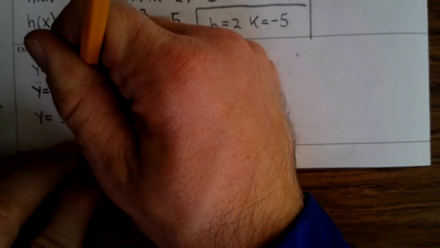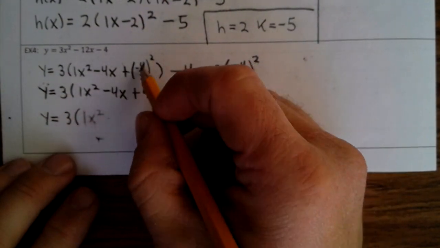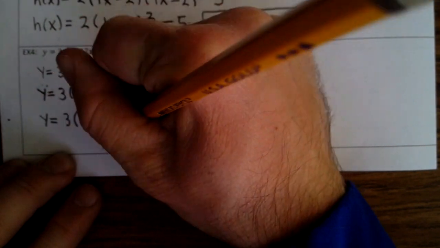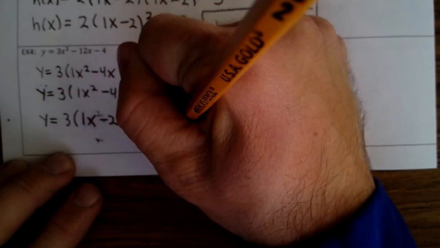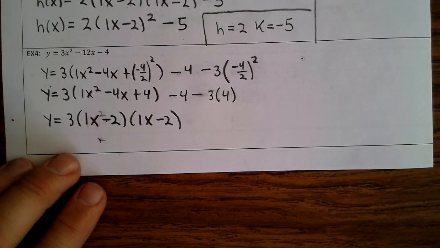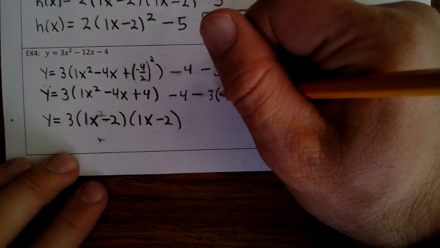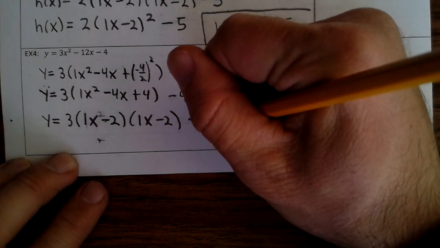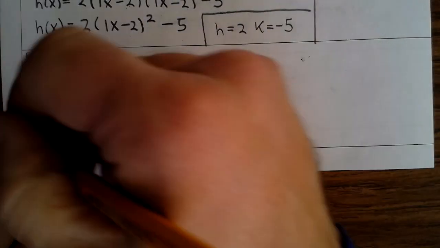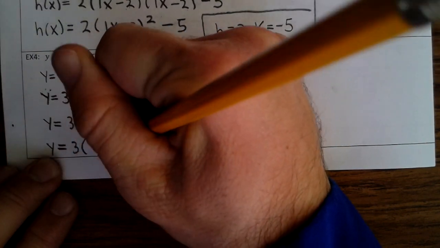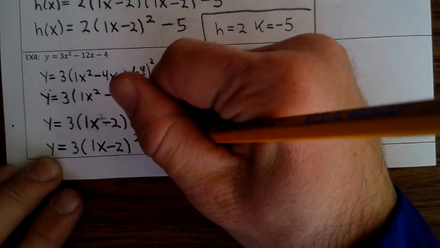We know the factors because negative 4 divided by 2 is negative 2. So 1x minus 2, 1x minus 2, minus, that's a 4 minus 12 is minus 16. So y equals 3, parentheses 1x minus 2 squared minus 16.